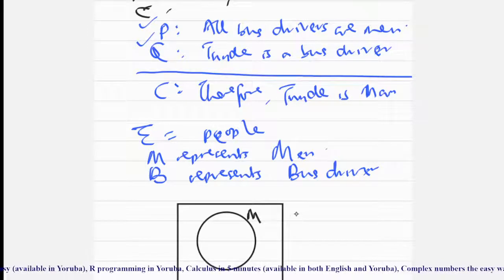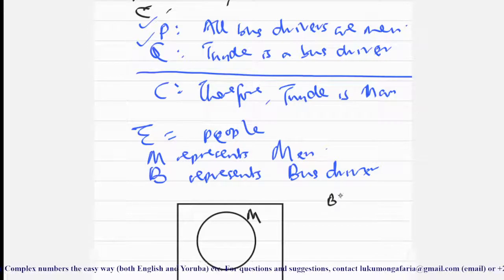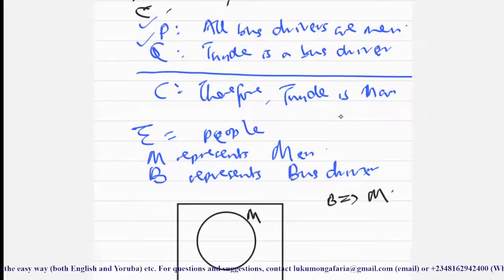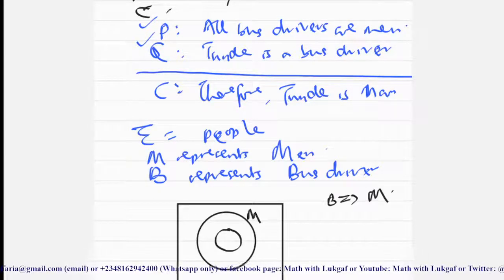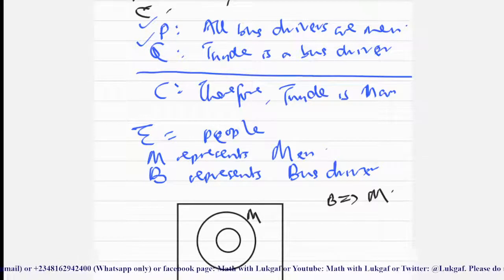Since they said all bus drivers are men, then we can say B implies M, since B will be a subset of M. Like I've explained, I can have my M here, and my B, which will be the bus drivers. By this, we can say B is a subset of M.